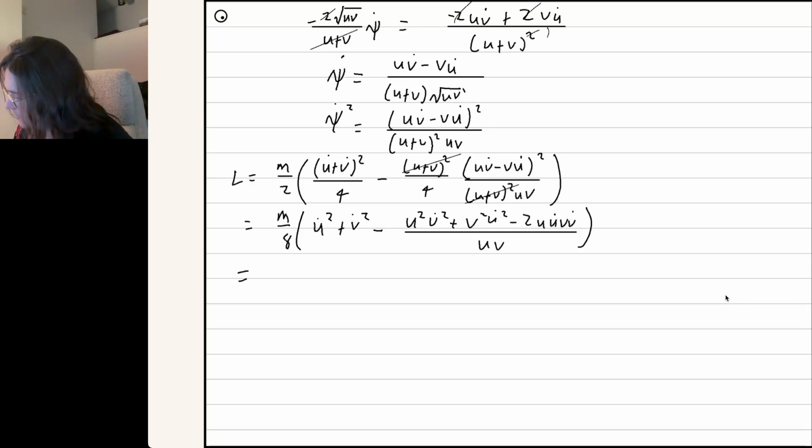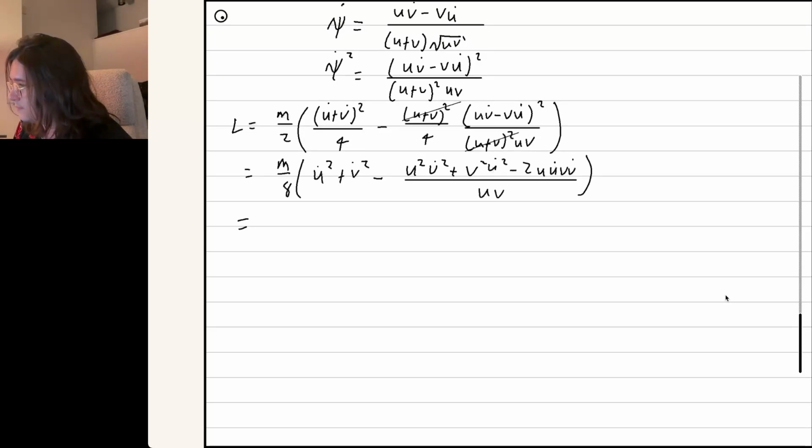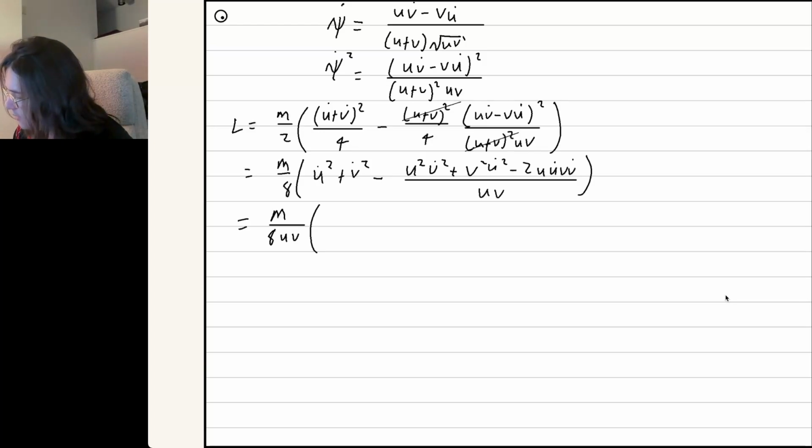You can probably guess that we can simplify that a little bit more if we just multiply this left-hand term by uv so that they have the same denominator. They'll have m over 8. I'll bring the uv out just to demonstrate this. It'll be u dot squared u plus v dot squared v plus... oh, I forgot a term.